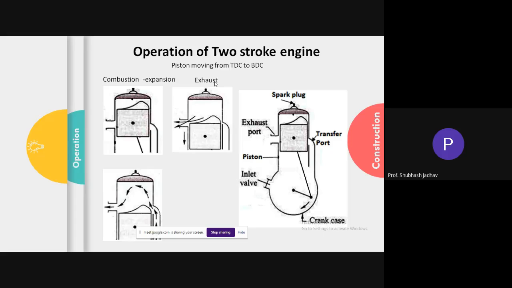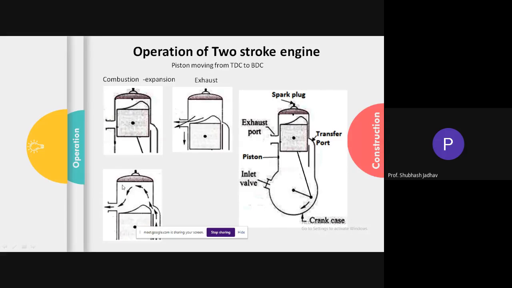Now further as the piston moves down, you can see the transfer port is also uncovered, and when the transfer port is uncovered, the mixture starts flowing in. Since the mixture is now flowing in, due to this particular projection over here it is getting diverted. If this was not there, what will happen?